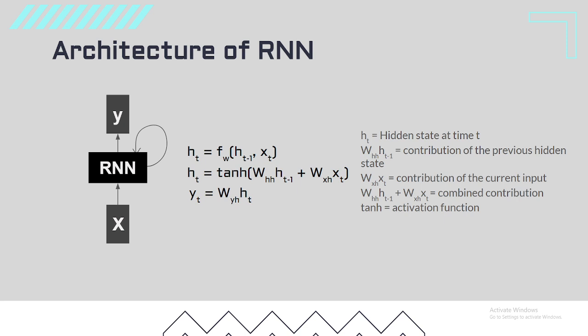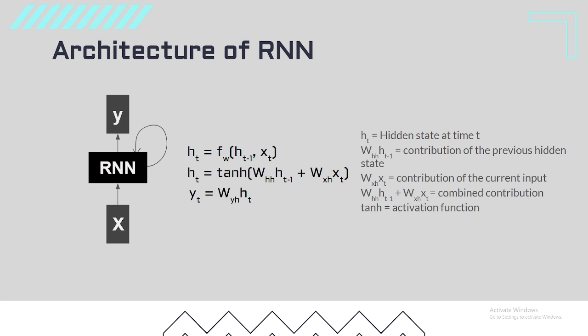We can describe this evolution as h_t = f_W(h_{t-1}, x_t), which means the new hidden state depends on the previous hidden state h_{t-1} and the current input x_t. Breaking it down, the contribution from the past is W_hh times h_{t-1}. The contribution from the current input is W_xh times x_t.